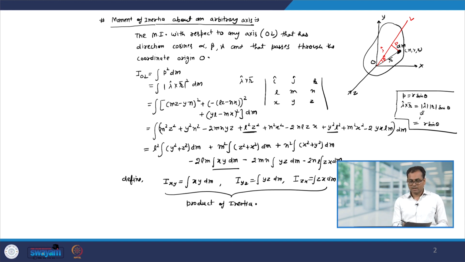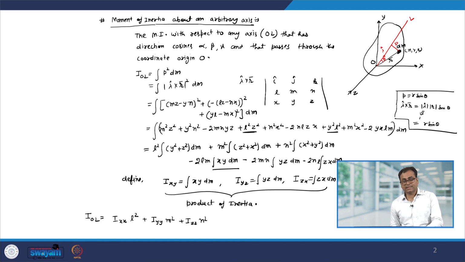So, the moment of inertia of this rigid body about OL becomes Ixx L square plus Iyy m square plus Izz n square.